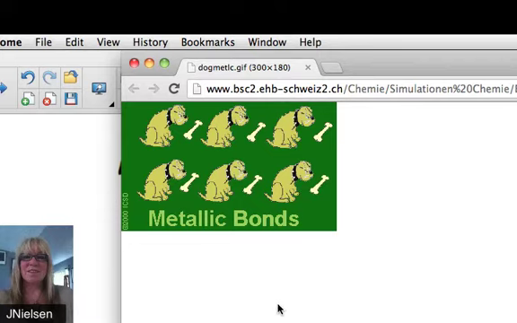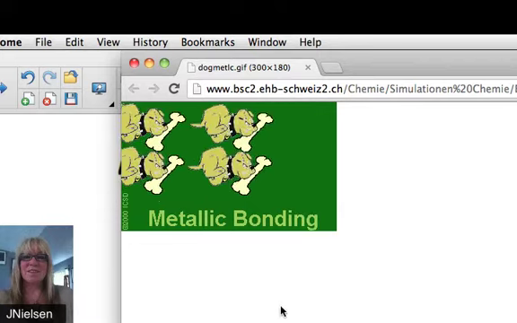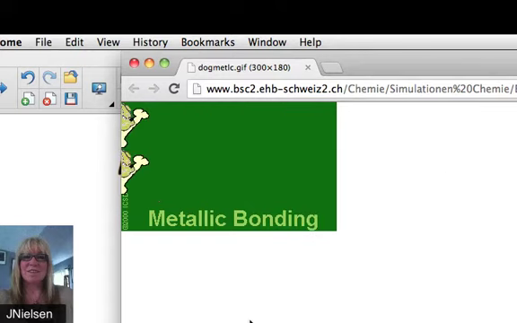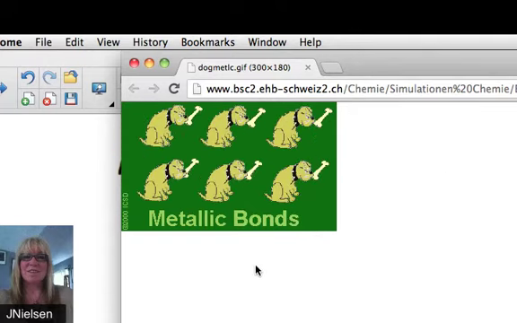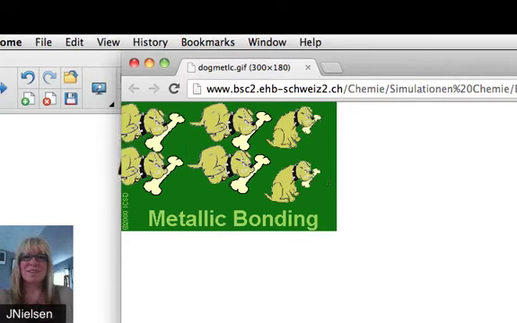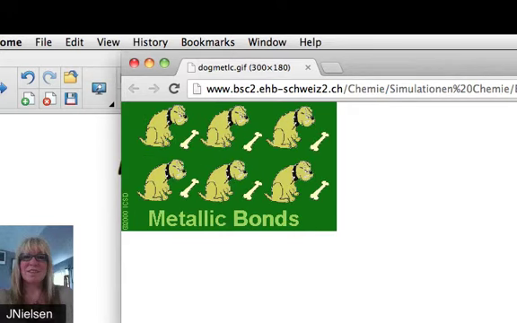How we're going to relate this to metallic bonds is the dogs are like copper atoms. So if I had a bunch of copper atoms, the electrons just constantly move back and forth between the copper atoms, and those bones represent the electrons constantly moving.